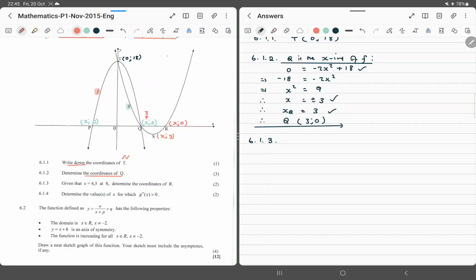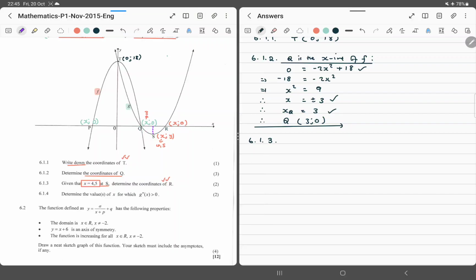6.1.3 says given that x equals 4,5 at S. So now we know that this is 4,5, and some y value which we don't care about at the moment. Determine the coordinates of R. So how do we do that? Look, remember, this is the axis of symmetry, basically, meaning it is the point between the two x-intercepts.